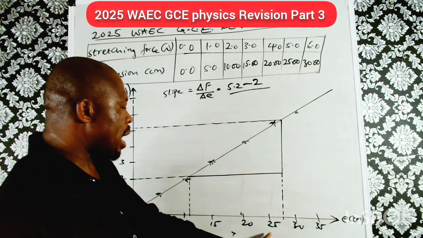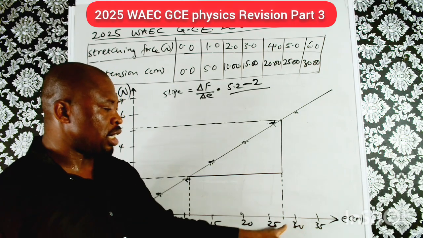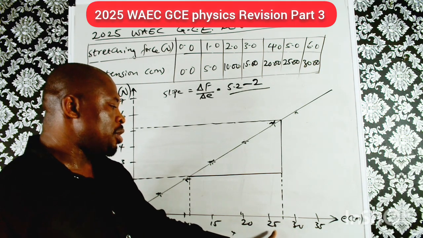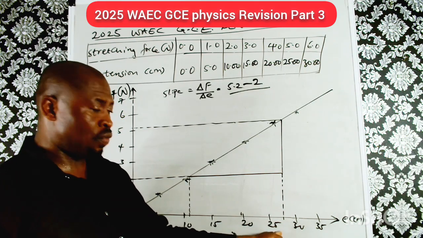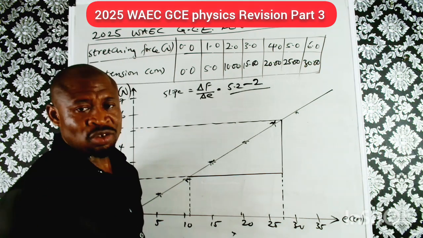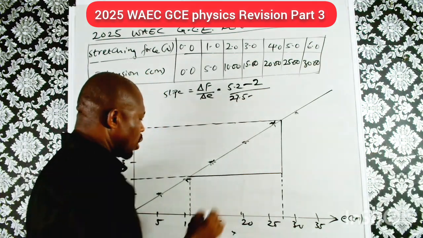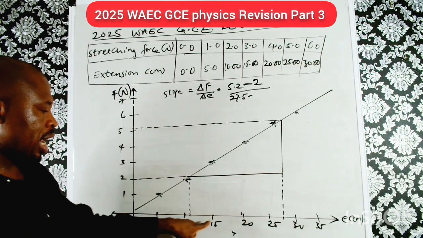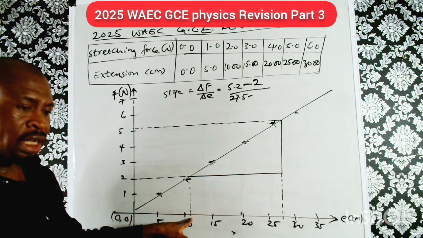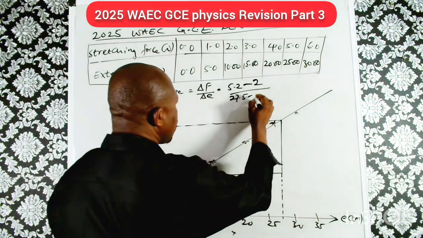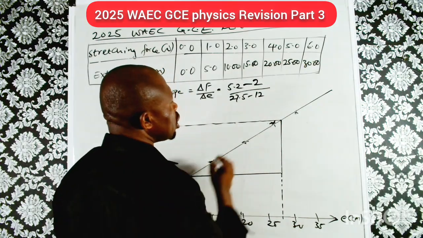Now here, remember, this is my 25. This is 30. Of course, this is almost half. So between 25 and 30, half of this line should give me 27.5. So I can have here 27.5 minus, remember here is 10, here is 15. It's not up to that. I can use here 11 or 12 as the case may be.